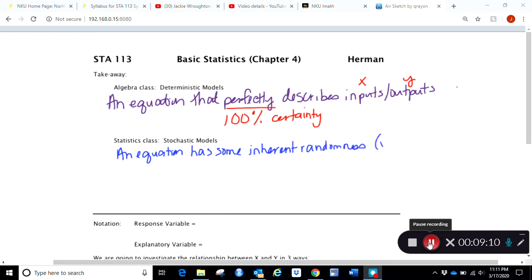And by randomness, we're talking about the idea of variability. There is not going to be 100% certainty. And more specifically here, different data can give us different equations.